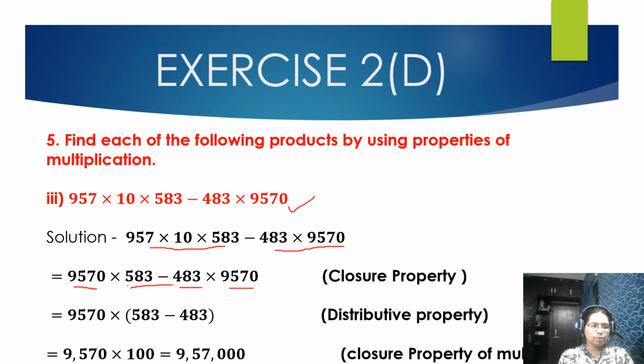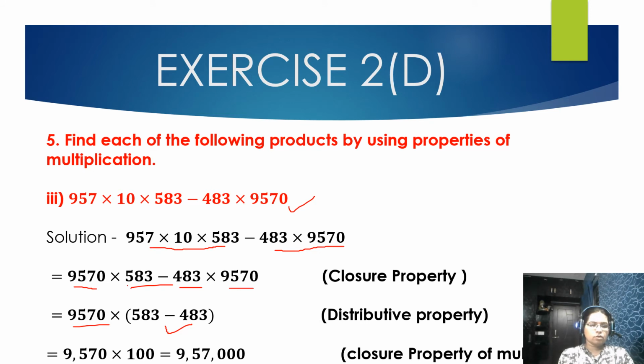Now 9570 is common, so 9570 multiplied with (583 minus 483), and 583 minus 483 is inside the bracket. This is the distributive property of multiplication of whole numbers.